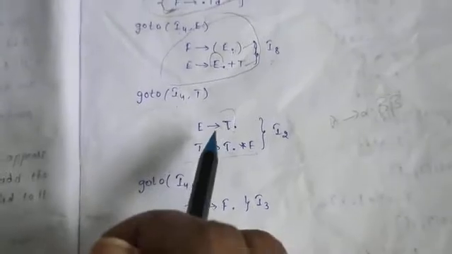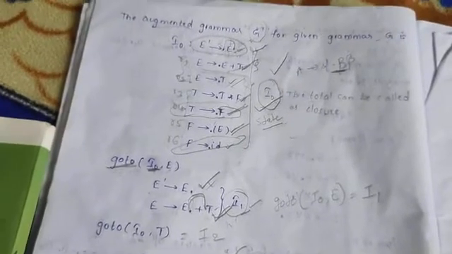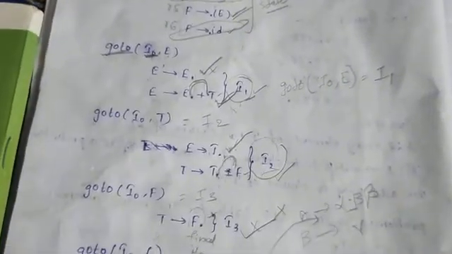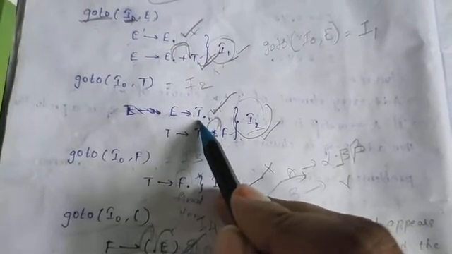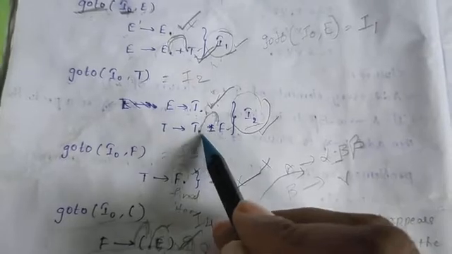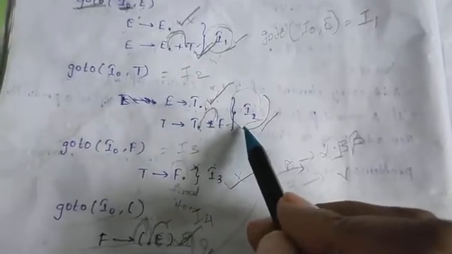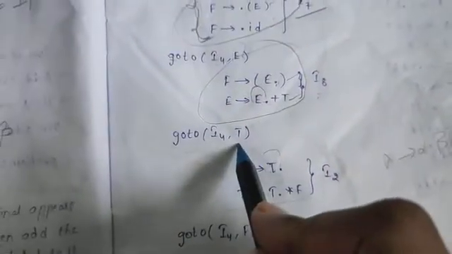After that, we'll check all the productions once again. So I0, I1, I2. In this I2, the first production is E tends to T dot, T tends to T dot star F. In I2, again the same in goto(I4, T), the same thing will happen, but here the state should be I4.